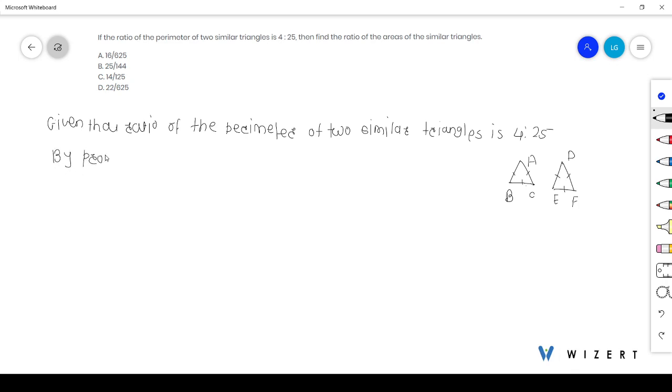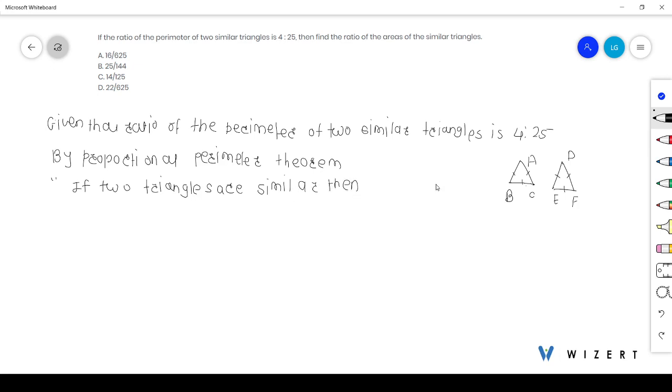By the proportional perimeter theorem, if two triangles are similar, then perimeters are proportional to the measures of the corresponding sides.